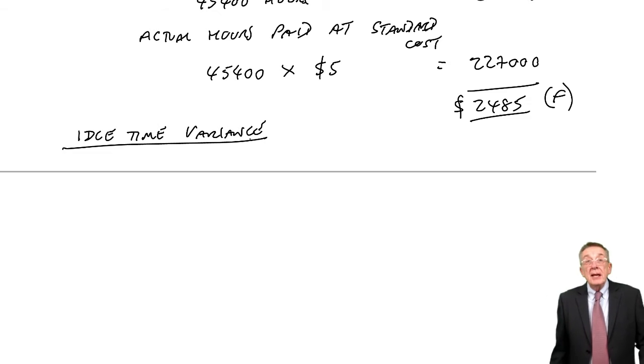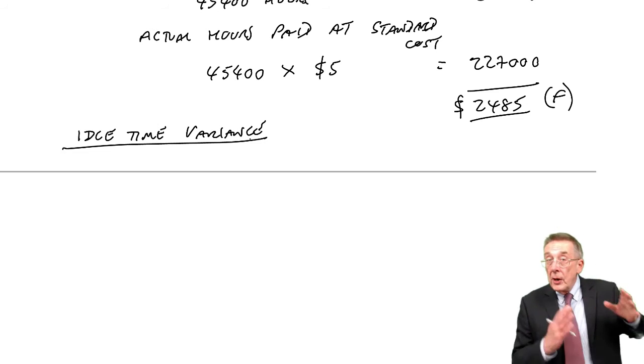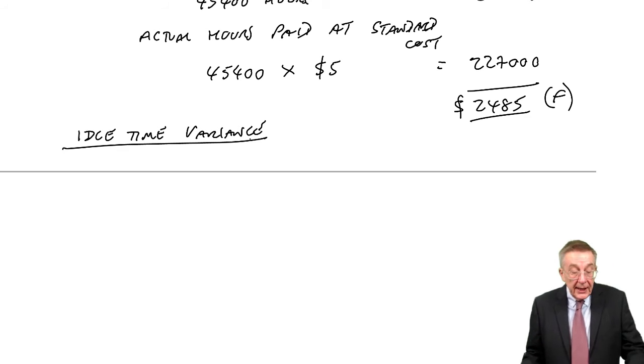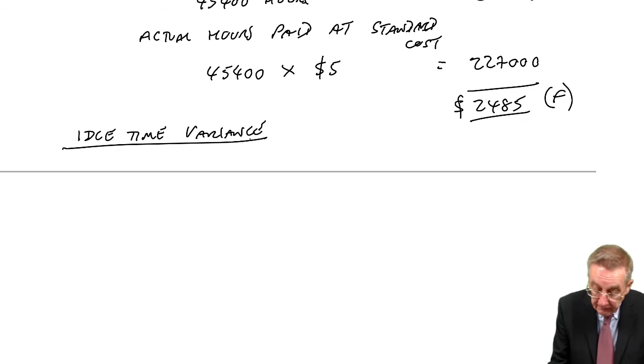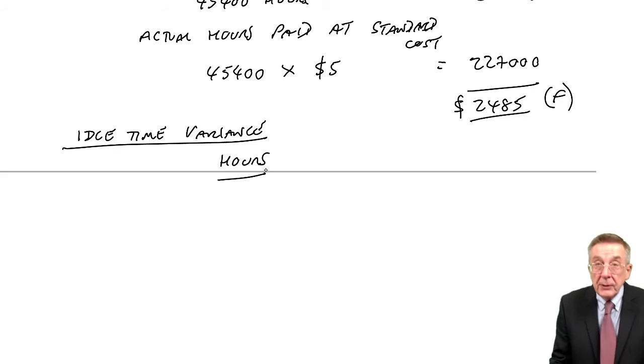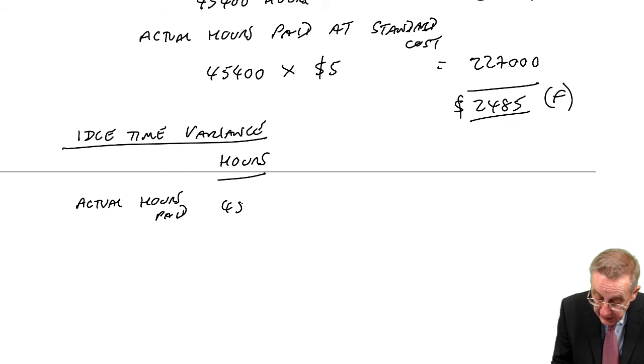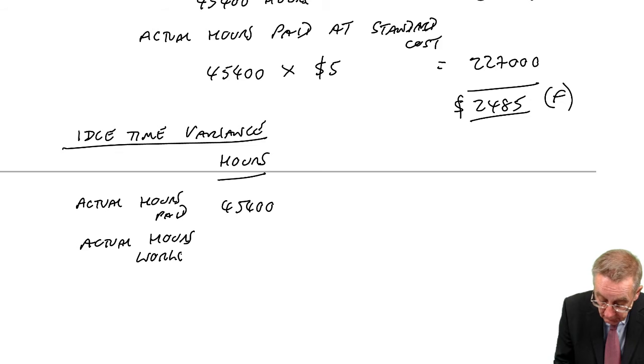Idle time is time when, although you're being paid, you're not actually doing any work. And so let's see how many hours were involved here. How many hours were they being paid when they weren't doing anything? Well, we compare the actual hours paid, 45,400, with the actual hours they worked, 44,100.